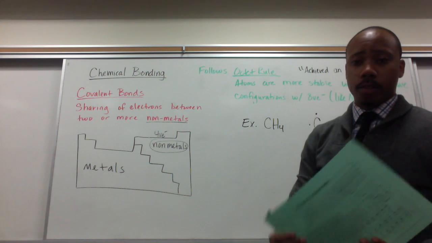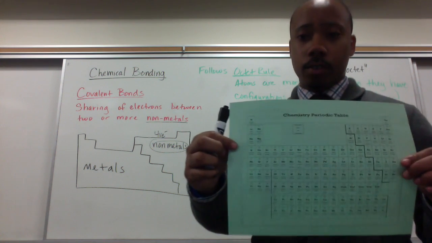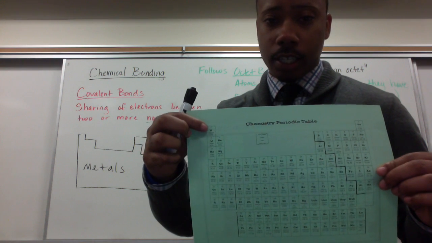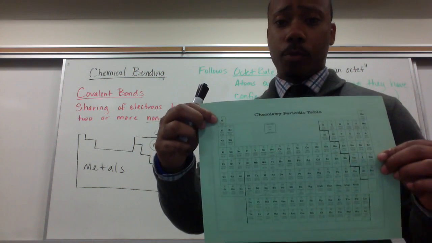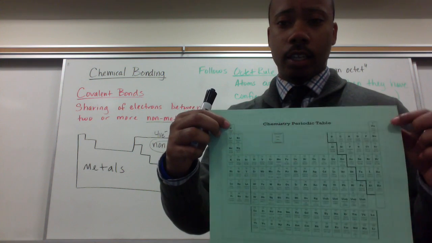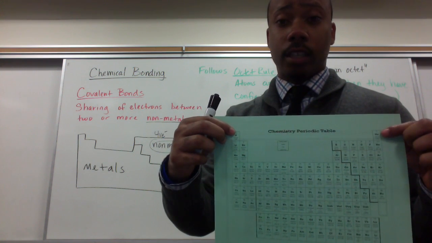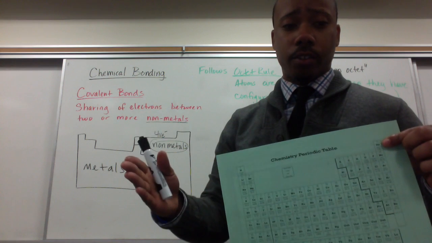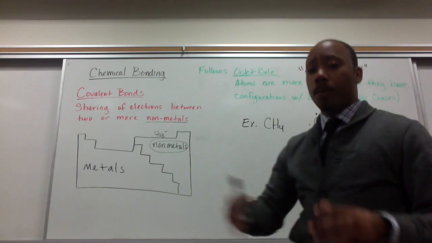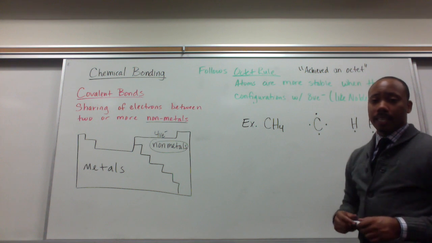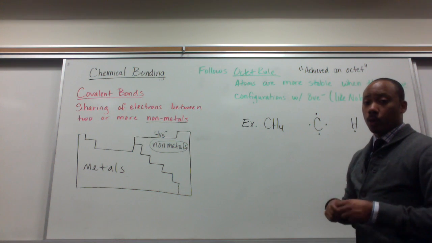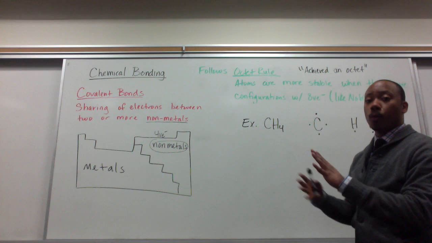So if you look on the periodic table, hydrogen is here. If it gains 1 more electron or shares 1 more electron, it will be like helium up here, which has a complete shell of 2 valence electrons. So that's hydrogen's goal, to be like helium. Carbon wants to be like neon, so it's going to try to share 4 more electrons to get 8.